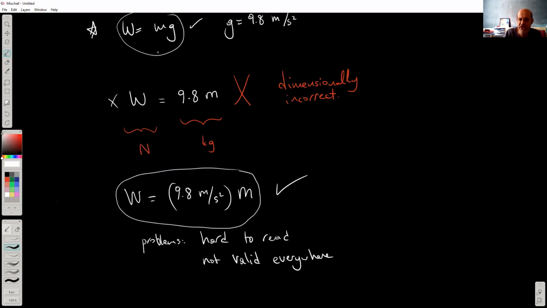Meaning that the g in here is gravity, and even though on the Earth it is more or less constant, it doesn't have the same value, for example, on the moon. It is a different value on the moon. This formula is valid on the moon, on the Earth, in space, wherever I go, but this one is only valid on the Earth.